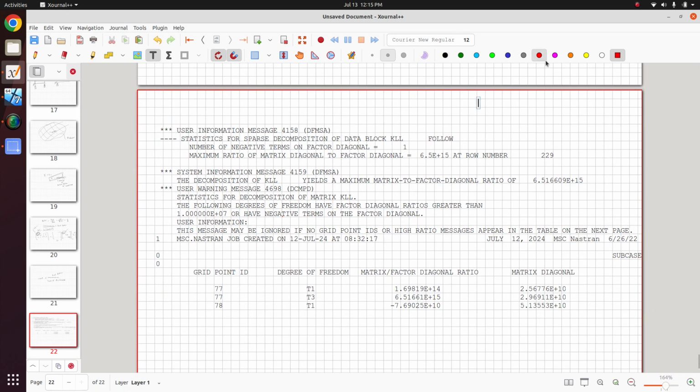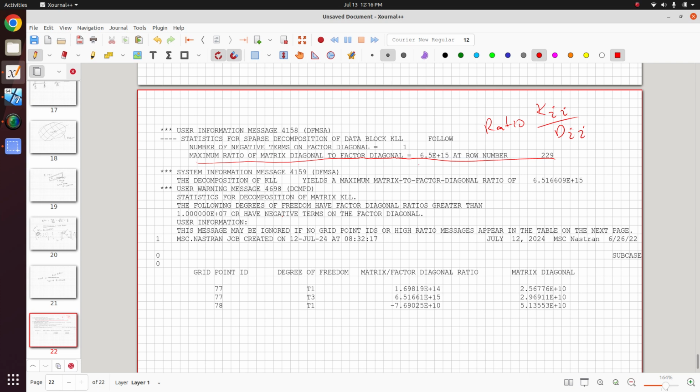So let's look here and read this real quick. We get this value, maximum ratio matrix diagonal to factor diagonal. Remember, this is going to be KII over DII. So this is the ratio.